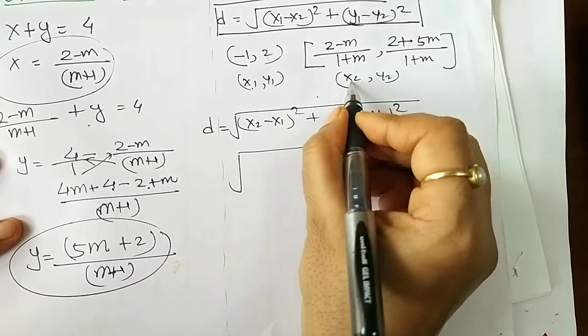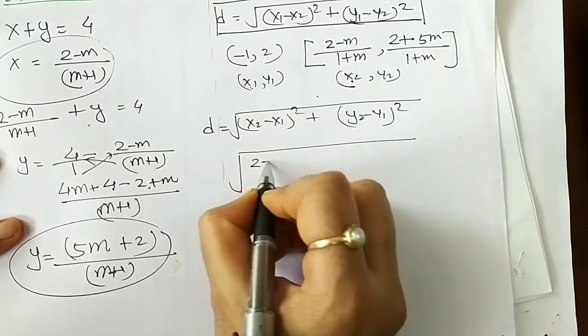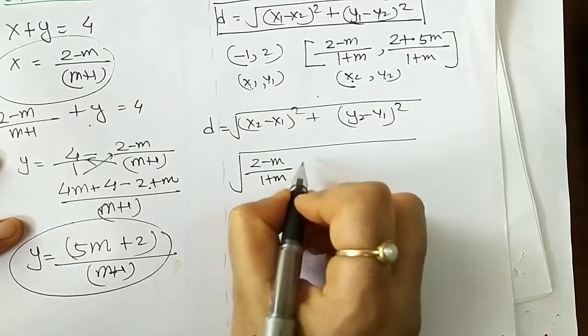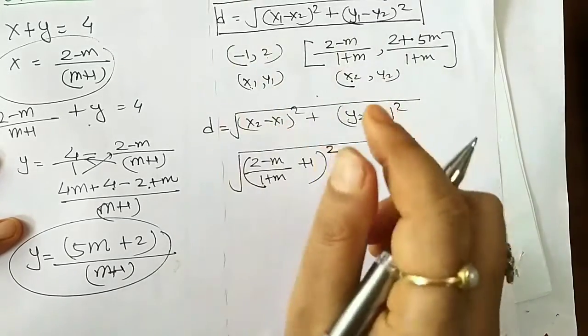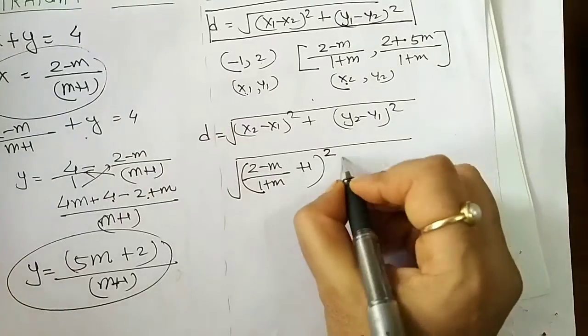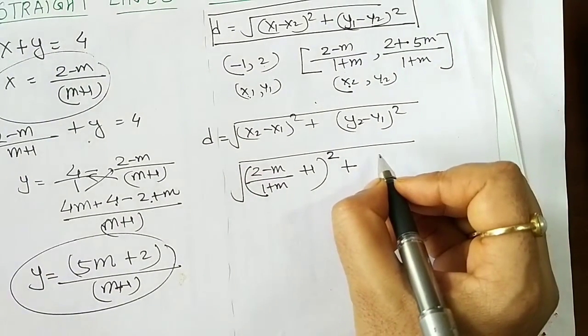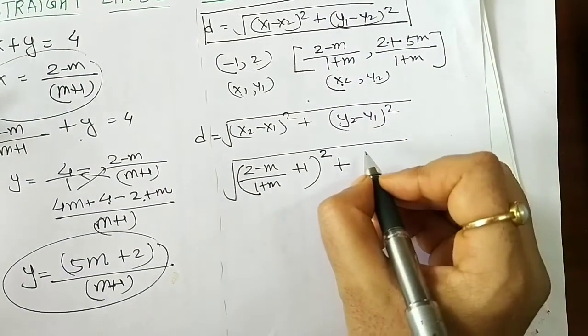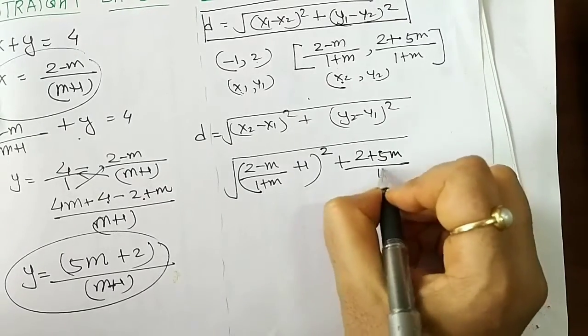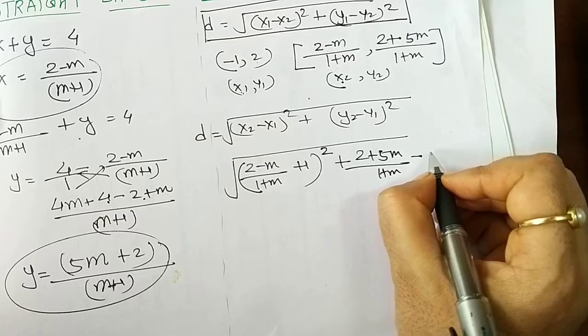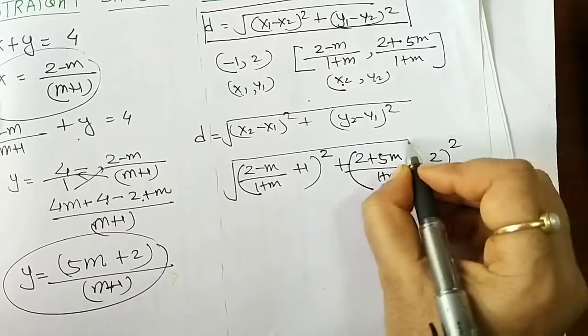So x2 minus x1 is (2 - m)/(1 + m) plus 1, square, because minus of x1 will become plus. Now plus y2 minus y1: guys, y2 is (2 + 5m)/(1 + m) minus 2, square.